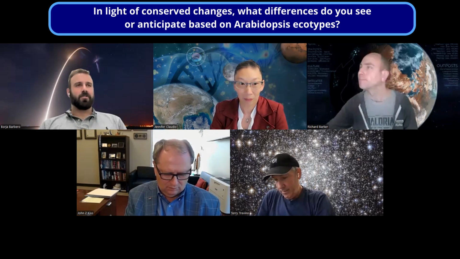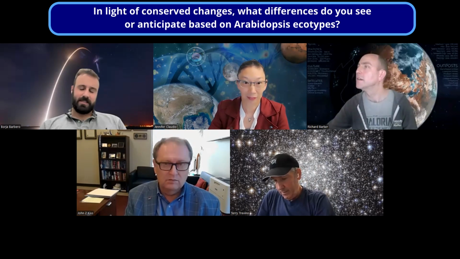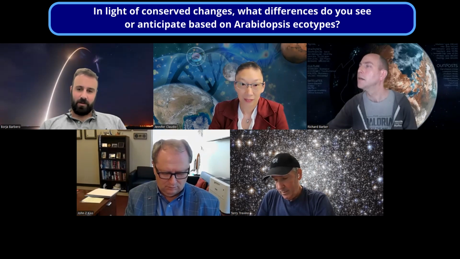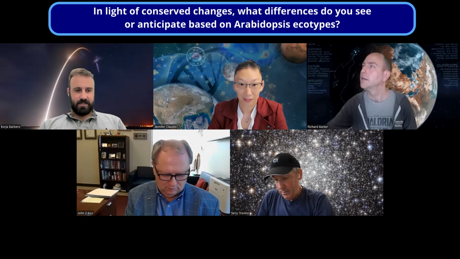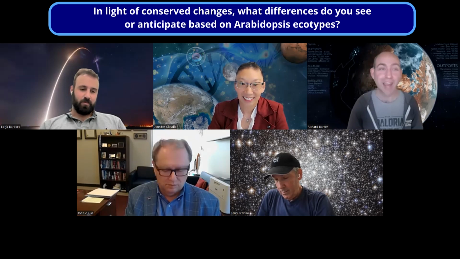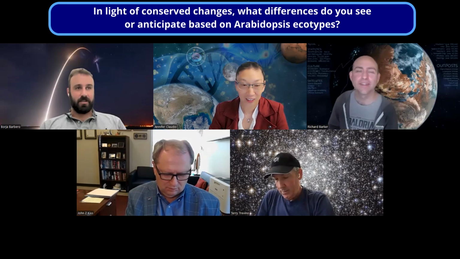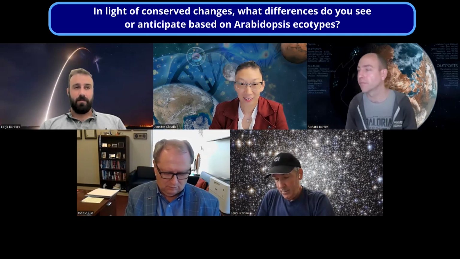Yeah, absolutely. So great question. We did these studies in Columbia background, which is probably the most common Arabidopsis ecotype studied out there. But we just sent another payload to space, another launch in the SpaceX 32 resupply mission. And on this payload, we are actually sending different genotypes.